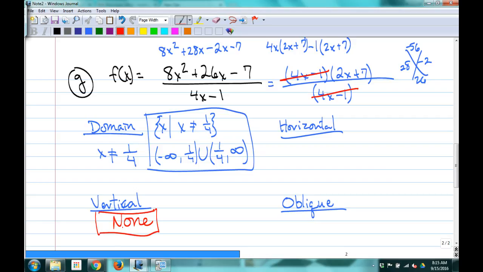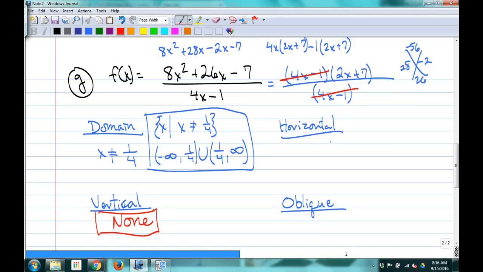This is an exceptional one. I wanted to do this one because it is a little bit different than the rest of them. Well, let's look at the original problem. Would there be a horizontal on this one? Got x squared over an x. No, not a horizontal because the degree of the top's bigger.